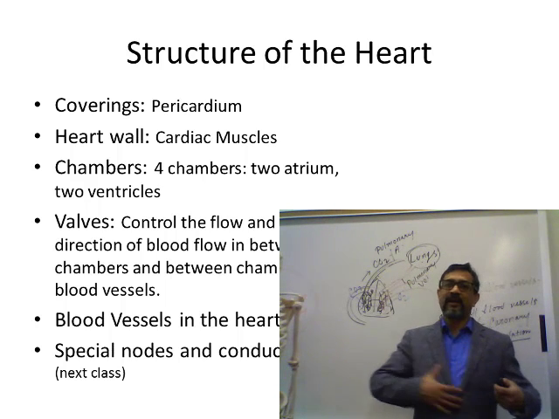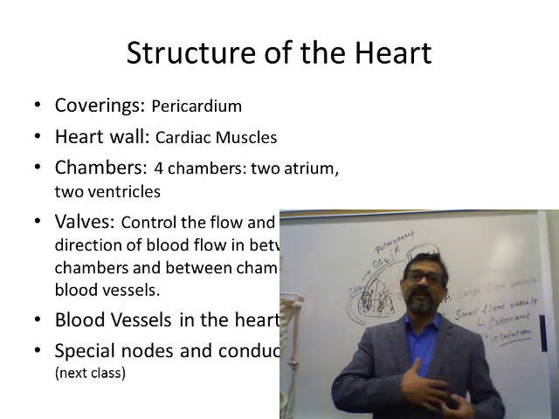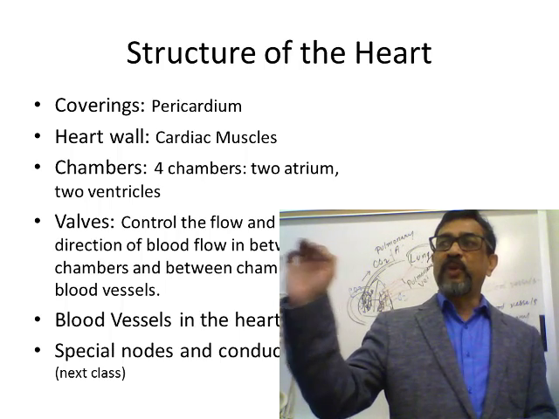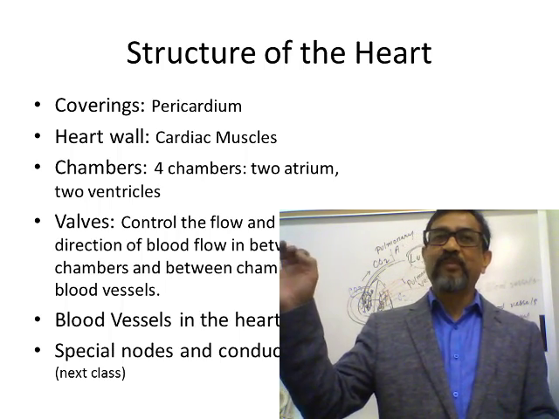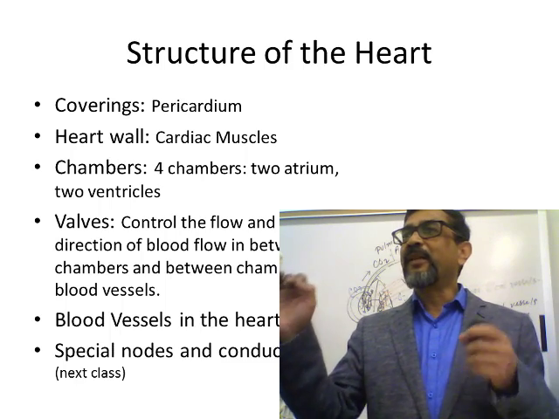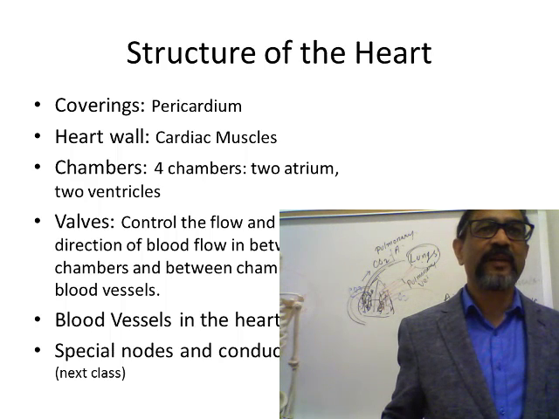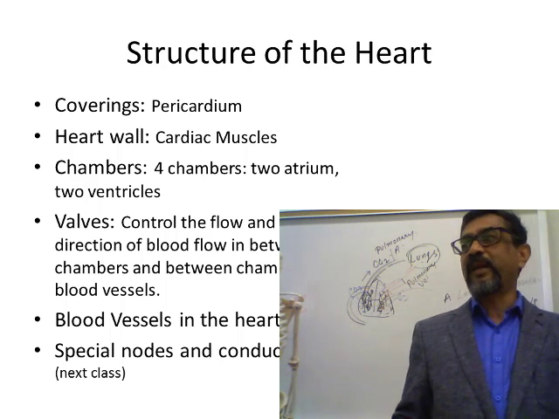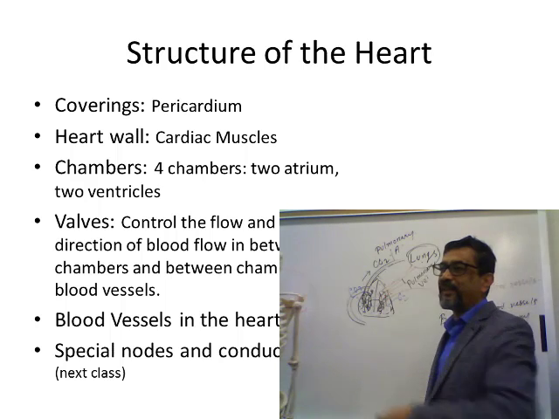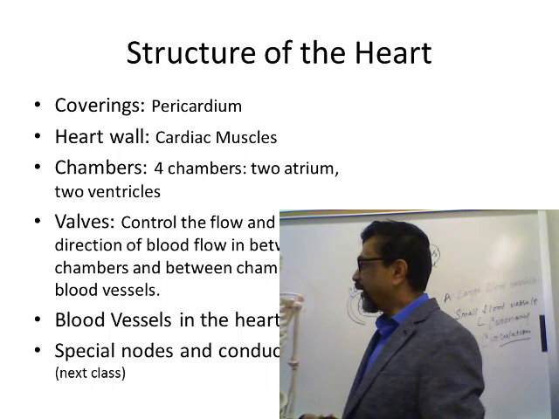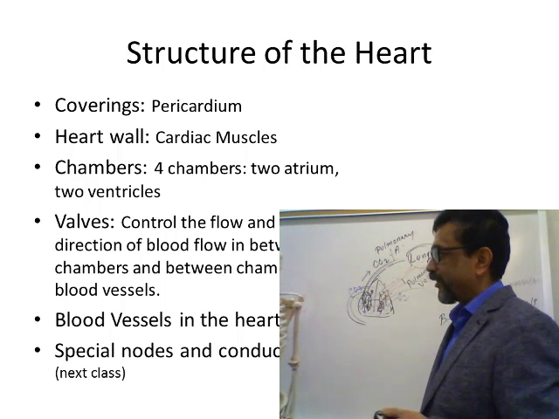So just know that there are nodes and conductive tissue. Nodes are to produce the impulse and conductive tissue to transmit. If the impulse is produced only in one tiny node, it does not spread to the heart, right? Then the heart will not get the signal. So you have conductive tissue there. We'll talk about that later.